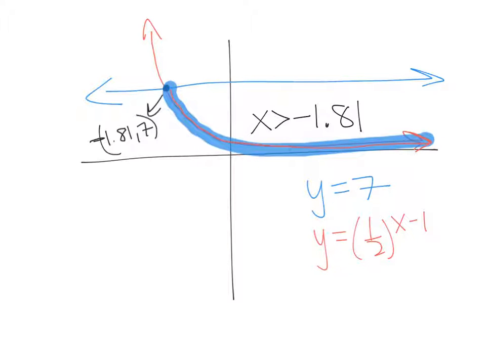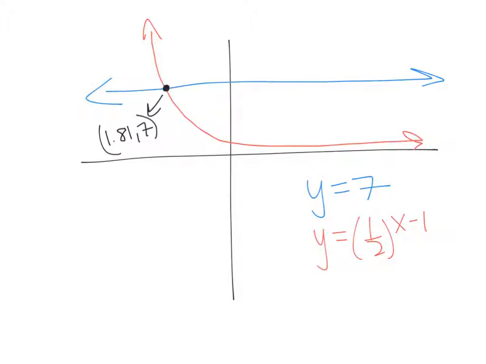And x at that time is everything that is greater than negative 1.81. And that would answer the question: when are my y values of my exponential function less than the y values of my linear function?